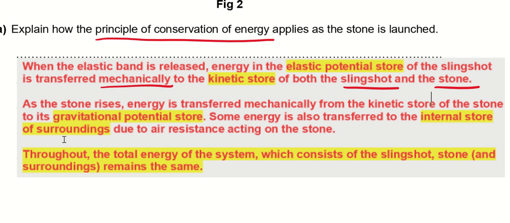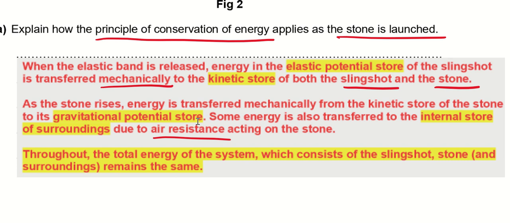Okay. So after that, because the story is about the stone, as the stone rises, energy is transferred mechanically from the kinetic store of the stone to its gravitational potential store. Okay, it's still within the stone, but it is transferred from kinetic store to the gravitational potential store. Okay, however, because it's moving in air, some energy is also transferred to the internal store of the surrounding due to air resistance acting on the stone, right?